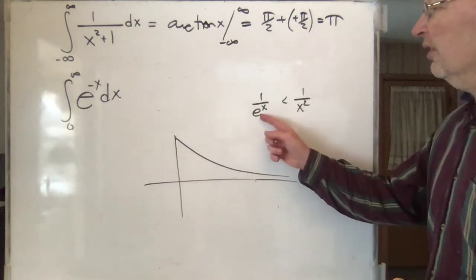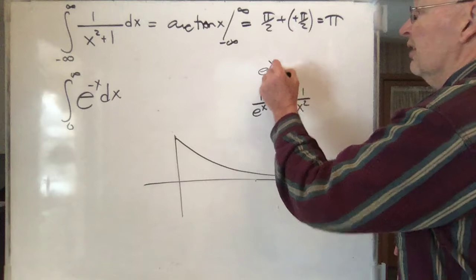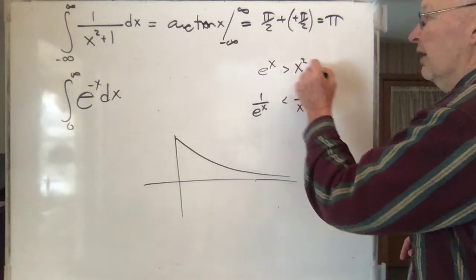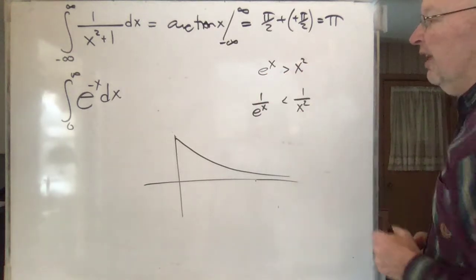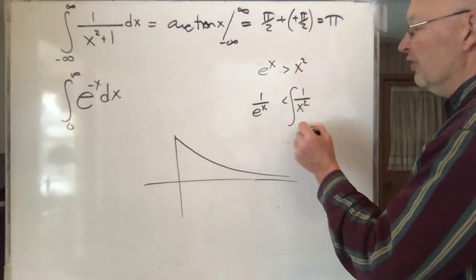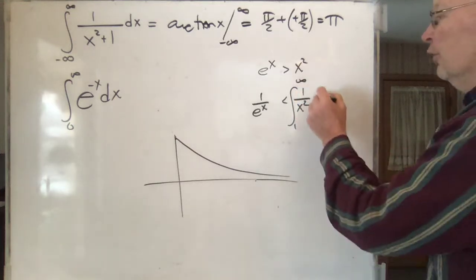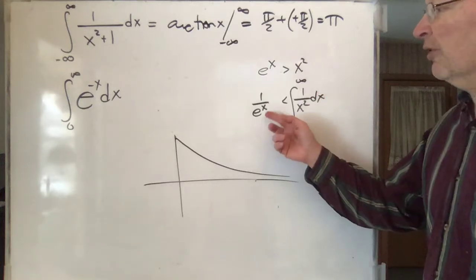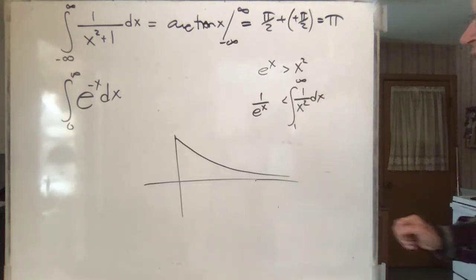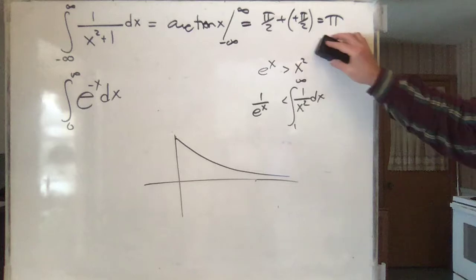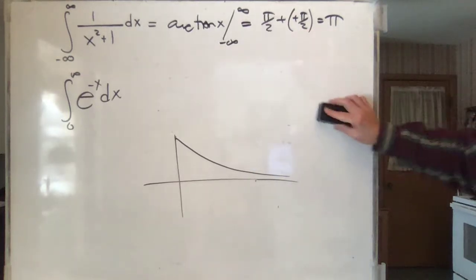So since e to the x is bigger than x squared, 1 over this is going to be less than this. And we know that this function here, from 1 to infinity anyway, converges. And so we would expect this one to converge. Again, these are the kinds of things you should be thinking about as we go.